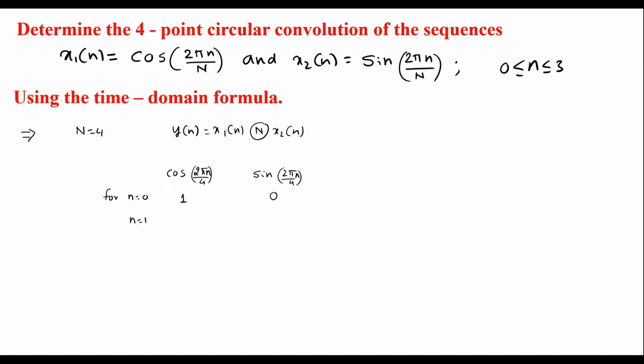For n equal to 1, that is cos 2 pi by 4, that is nothing but cos pi by 2 is 0, sin pi by 2 is 1.